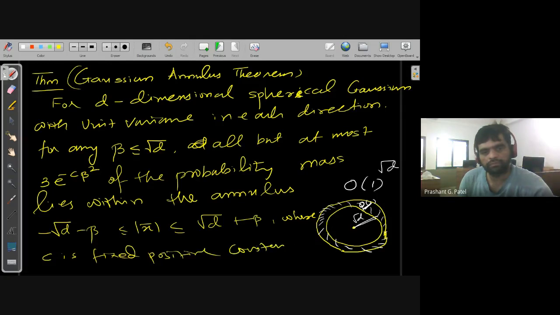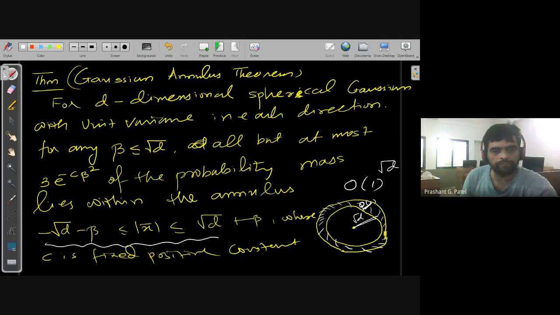So what is this? Actually, this represents this strip. The center is 0, 0, 0 in d-dimensional space, and the radius is square root of d plus or minus beta. Beta is a constant which is less than or equal to square root of d.